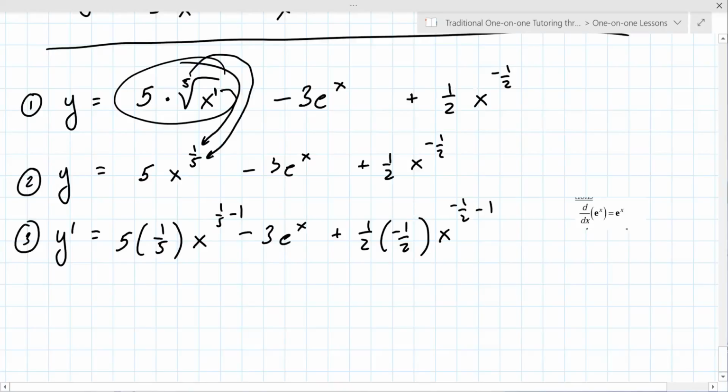And that's college algebra, pre-calculus. That's not calc. 5x to the 1/5. Okay, I got it. Well, what if the x has like x over 3? If there's a 3 there, then it becomes 3 there.